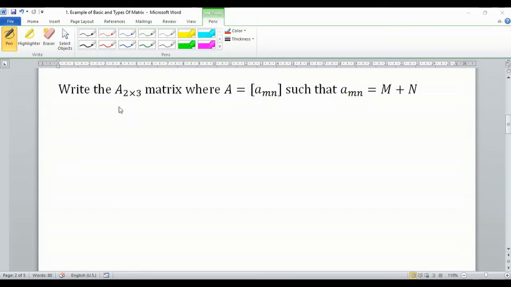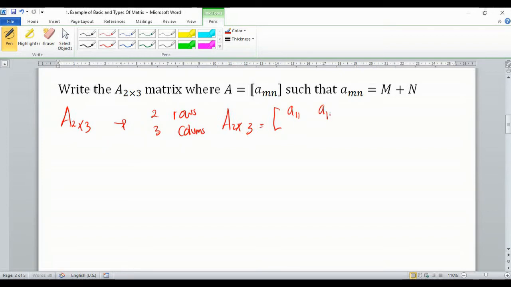Example number 2. Write the 2 by 3 matrix A, where a_mn is the entry such that a_mn equals m plus n. So from here we have A 2 by 3. 2 by 3 means they have 2 rows and 3 columns. So we make this first: A 2 by 3 equals 2 rows and 3 columns.